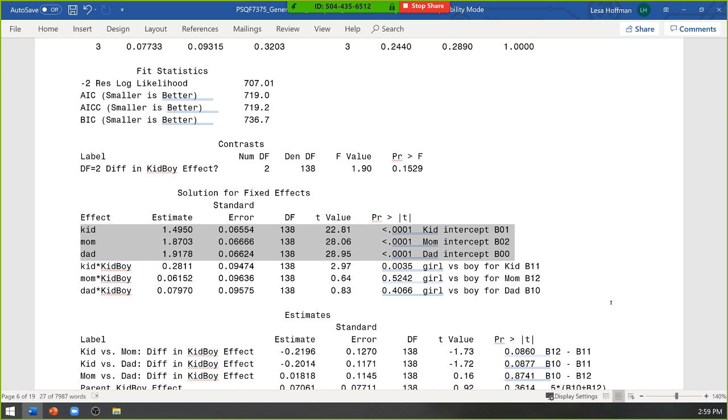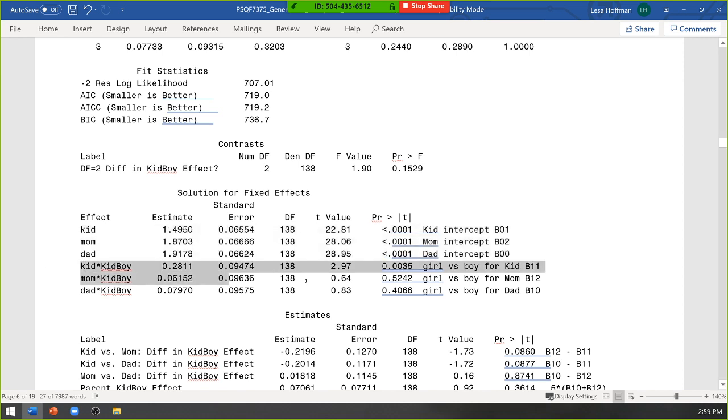Given the way that the predictor is coded, adult children who are women are the 0s and men are the 1s. And so these are the expected attitudes for each type of person where the adult child is a girl. And this is the difference in the attitudes for each person for adult children who are boys.